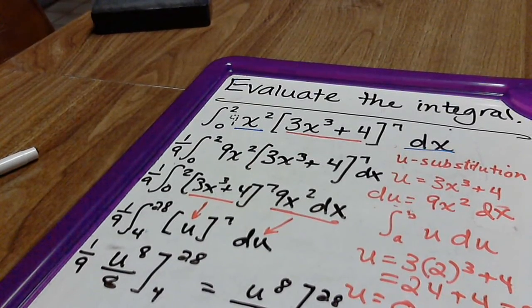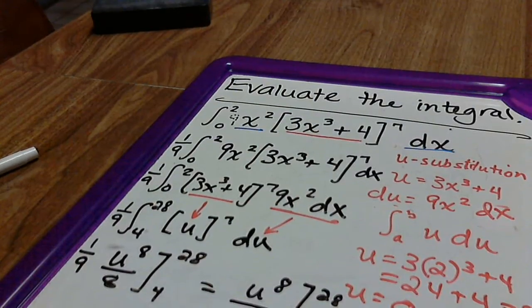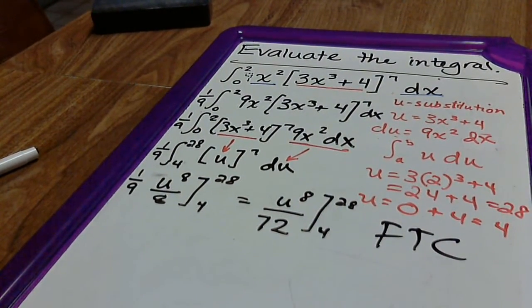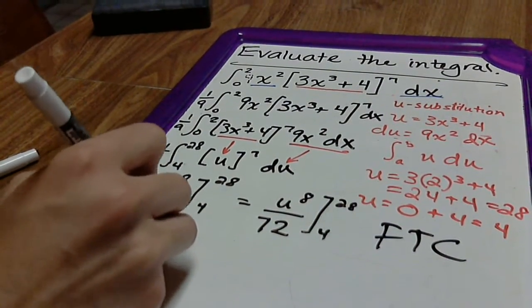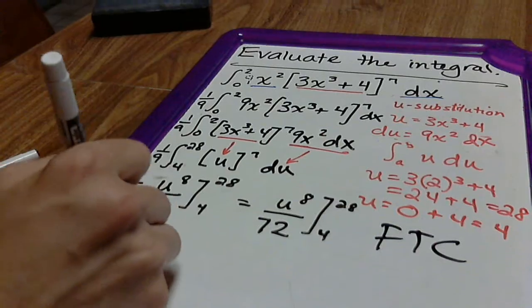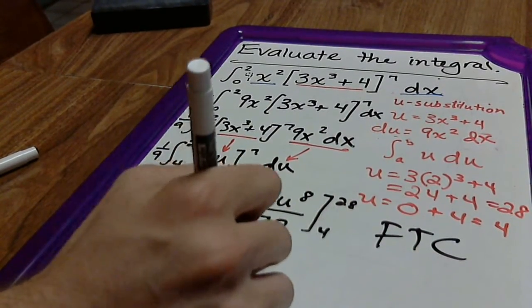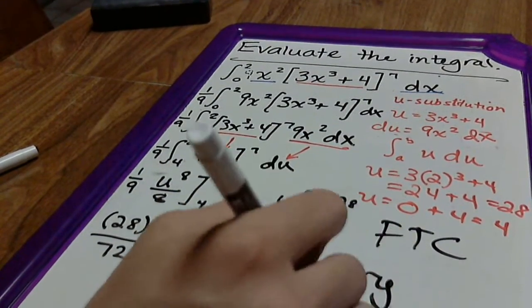To do this, we have to evaluate using the fundamental theorem of calculus. So we have to do 28 to the 8th power over 72 minus 4 to the 8th power over 72, which is equal to a very big number.